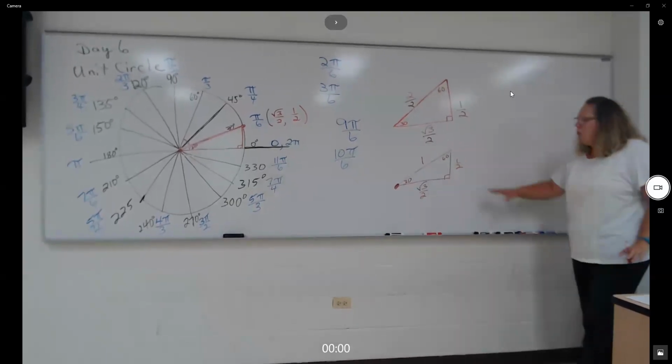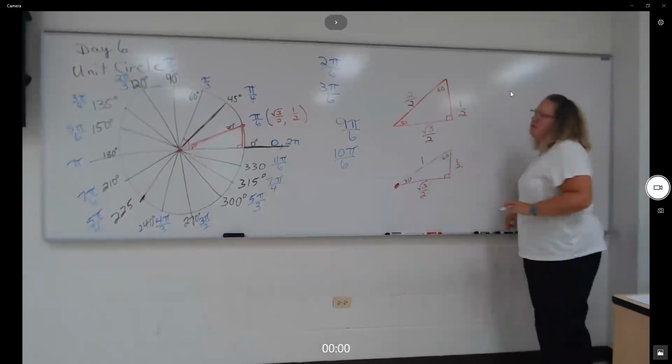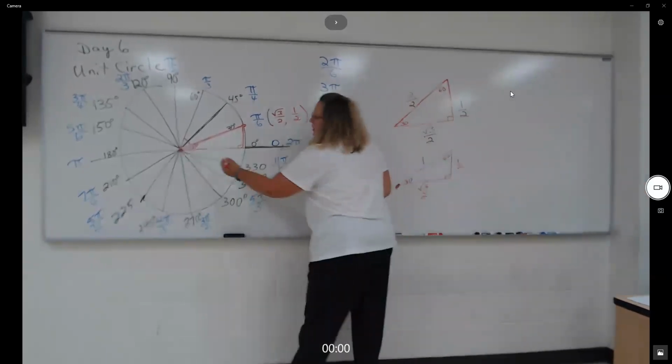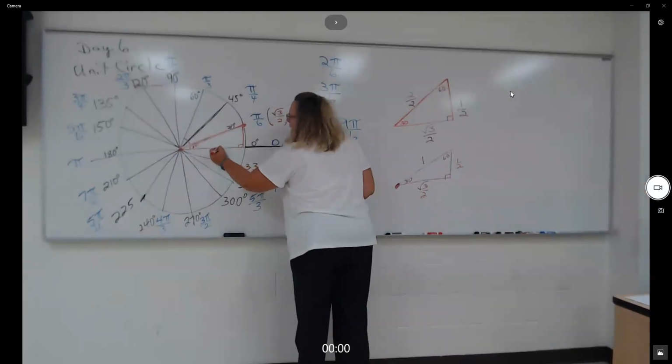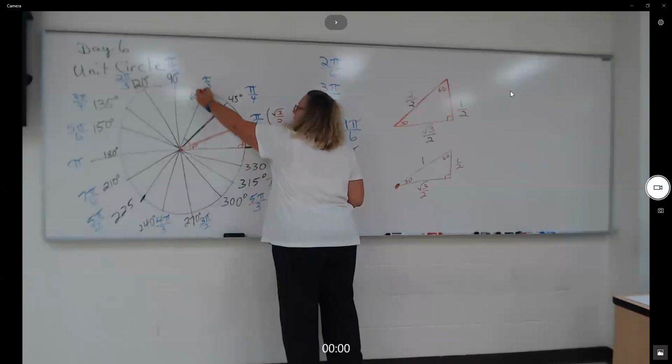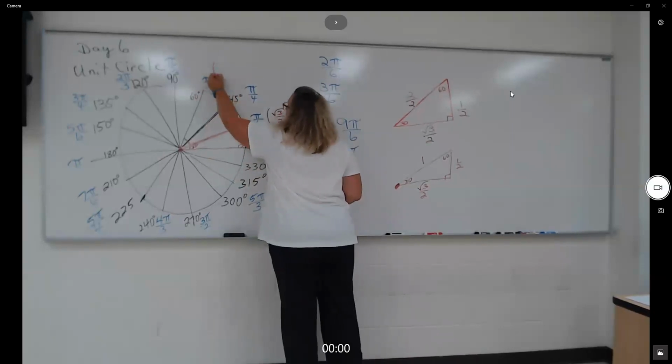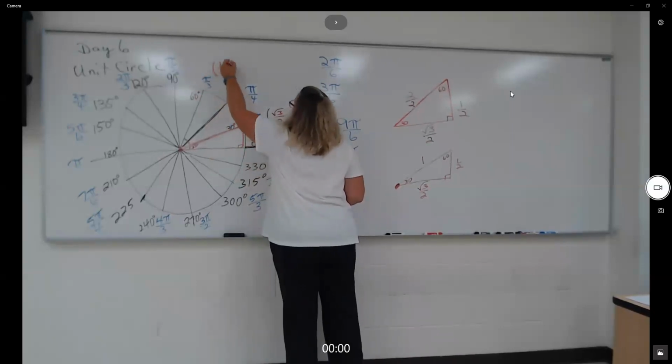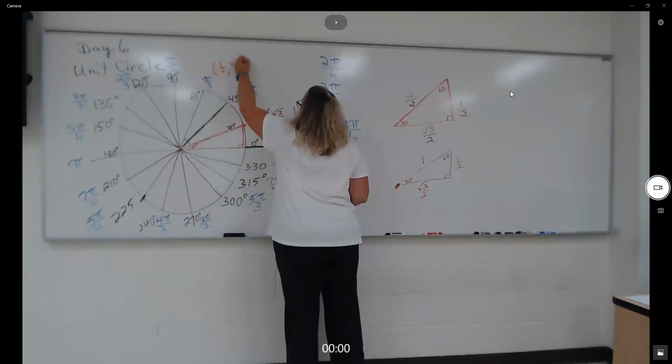And so then when it's 60, we can just flip this around. This side is now the 1/2, and this side is the square root of 3 over 2. So now here it is 1/2, square root of 3 over 2.